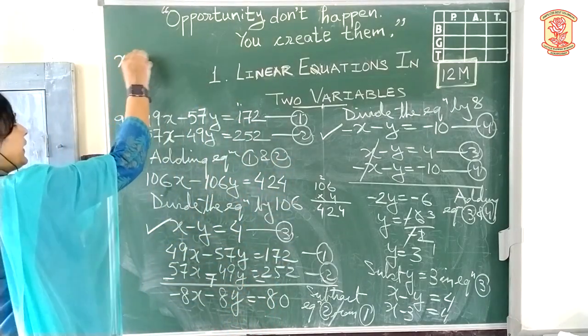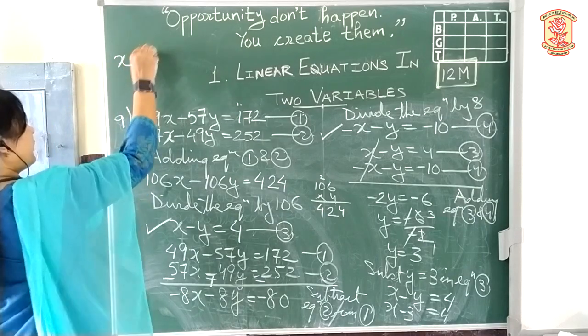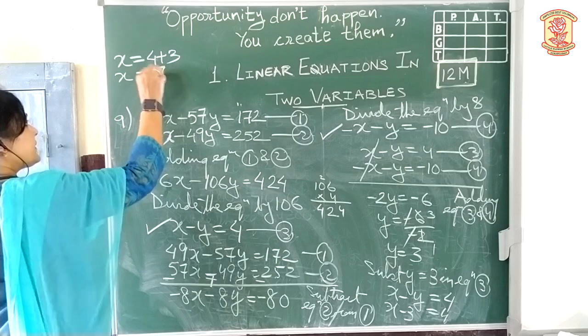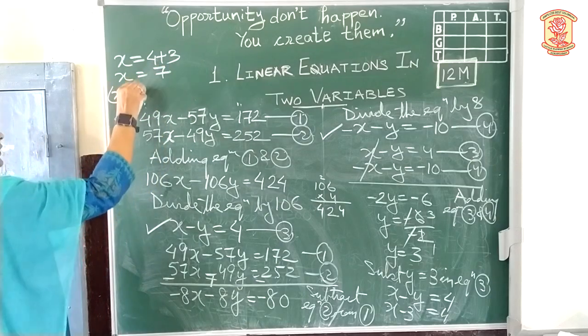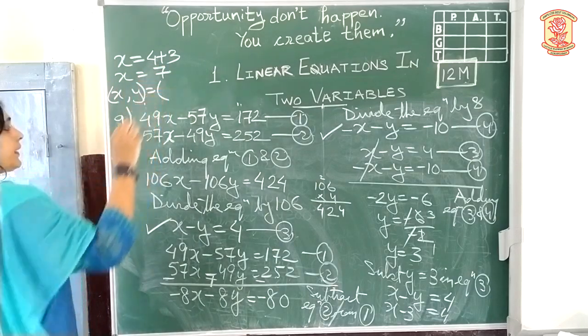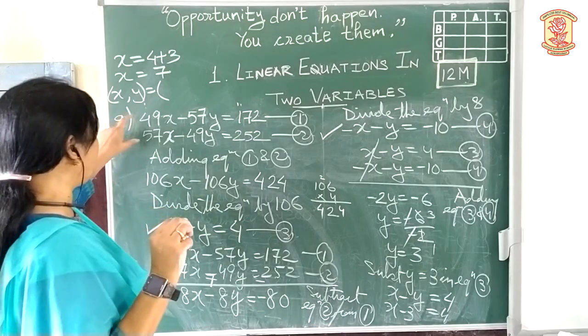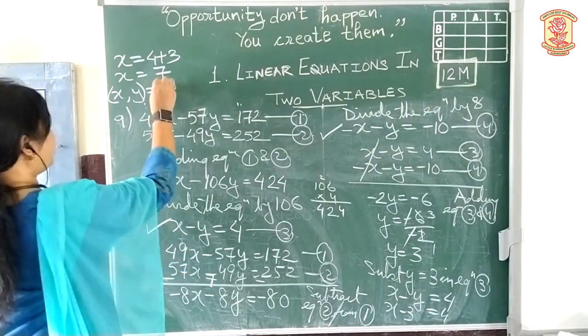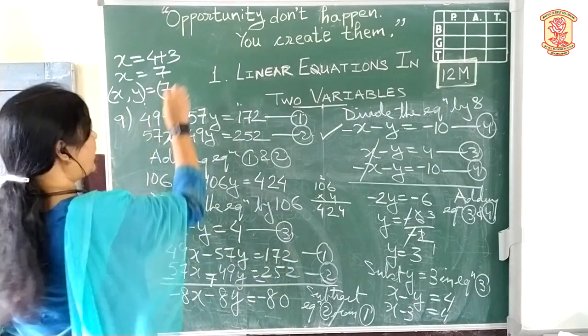So the value of x equals 4 plus 3. So x is 7. So the solution for these simultaneous equations is x is 7 and y is 3.